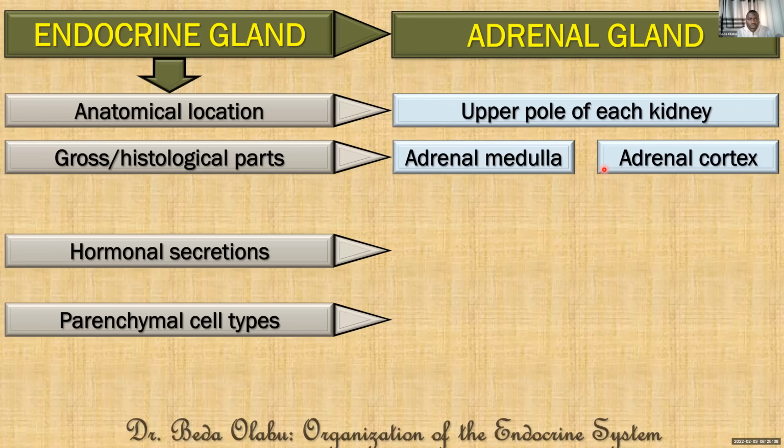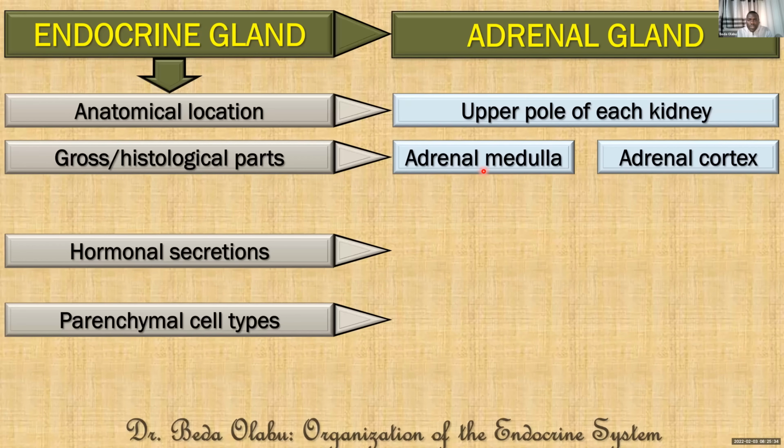So if we work with our template of the objectives, we've already indicated the location as the upper pole of the kidney. And in terms of the parts, we have adrenal medulla and adrenal cortex. Let me switch gear a bit and start talking about the hormones before I tell you about the cell types.